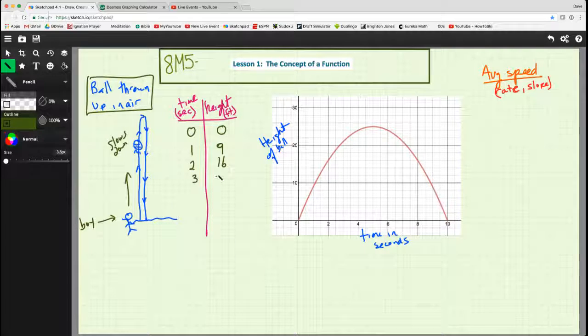And at 3 seconds, it's at 21. And after 4 seconds, it keeps slowing down, and it's now only at 24. And finally, at 5 seconds up, it stops 25 feet up in the air. And this is a hypothetical example. This might not be exactly how balls fly, but this is close to the same, at least the right shape.